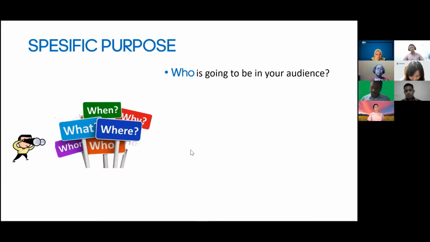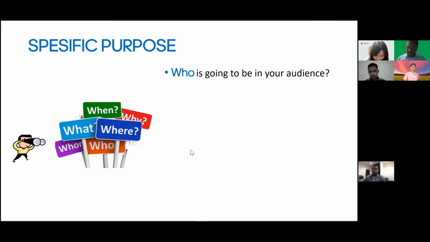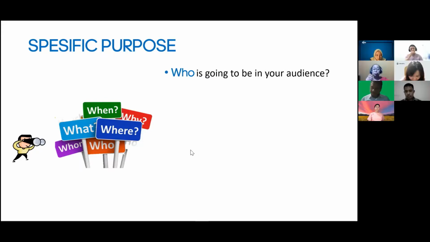Different audiences have different desires, backgrounds, and needs. Keeping your audience first and foremost in your thought when choosing a specific purpose will increase the likelihood that your audience will find your speech meaningful. If you project that to the wrong audience, then you'll fail no matter how good your speech is.